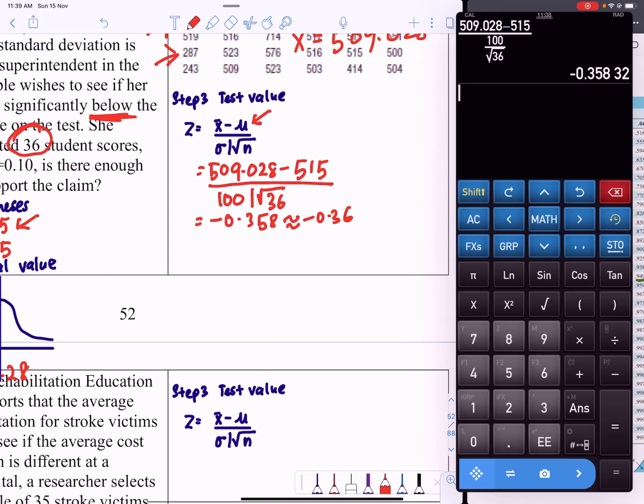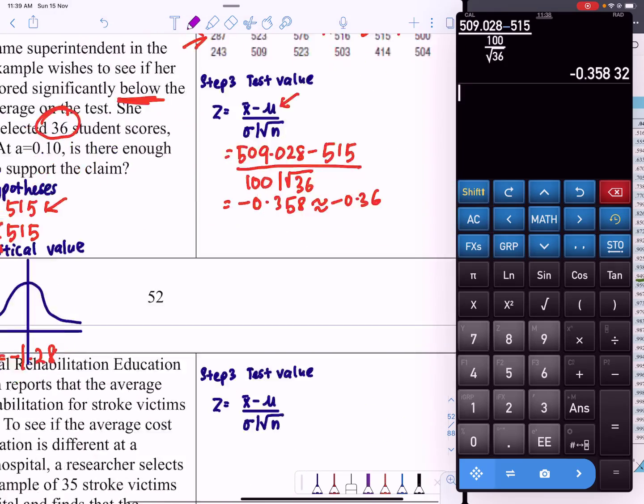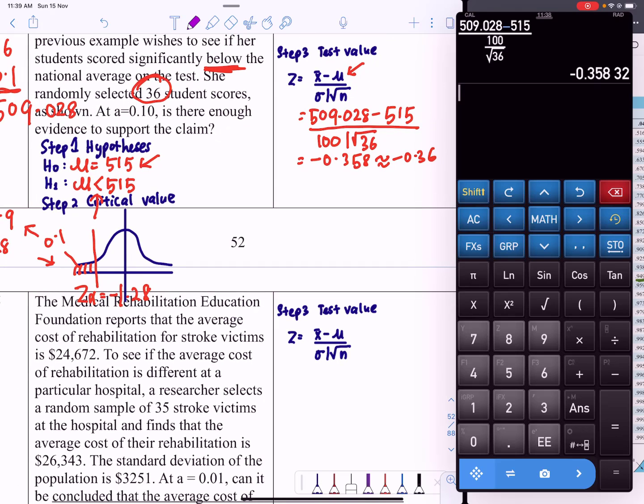Then when you have found the test value, you compare it with the critical value. First of all, you need to understand that the green area is the H null and the red area is the H1. If the test value is located at the H null, then we cannot reject the null hypothesis.